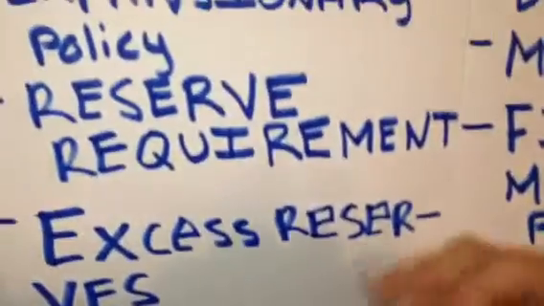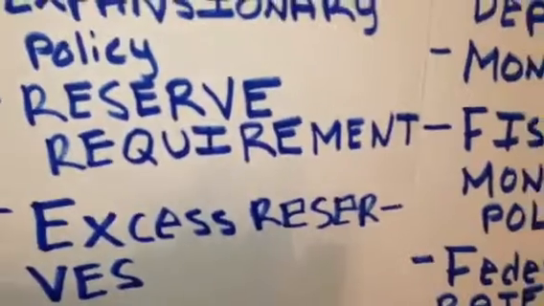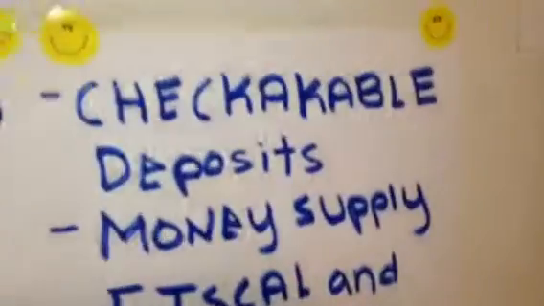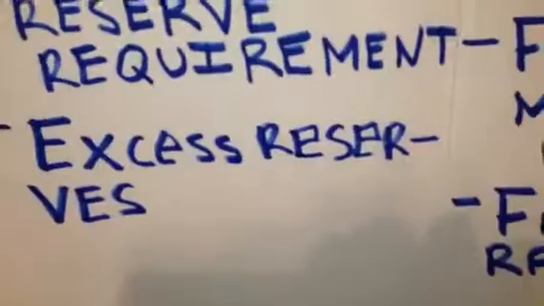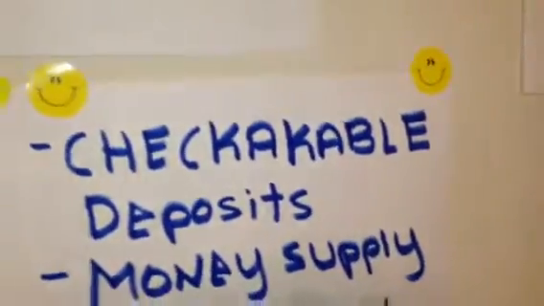To find the excess reserves, you need to multiply the checkable deposits by the reserve requirement, then get that amount and subtract it from the original checkable deposits, and that's how you're going to get the excess reserves. Now, what is checkable deposits? Checkable deposits is the cash that depositors put into banks. Basically, that's what it is.